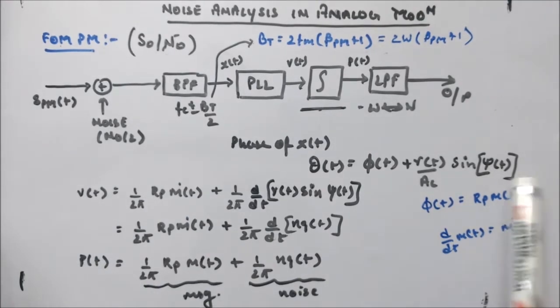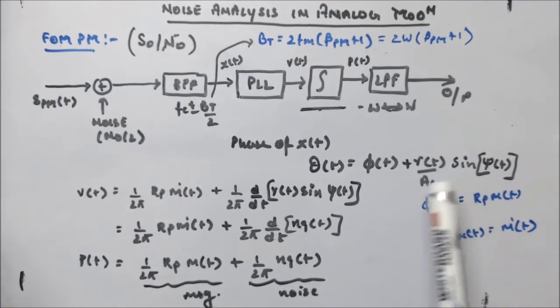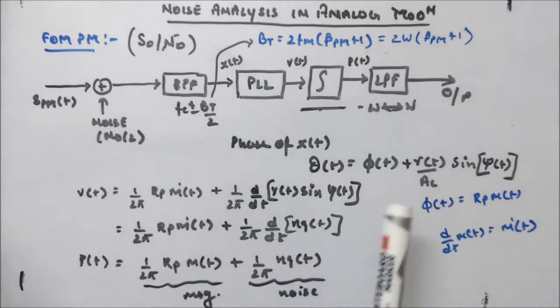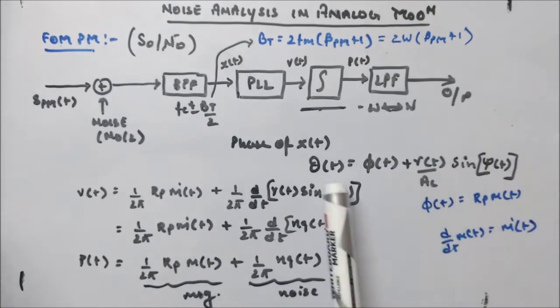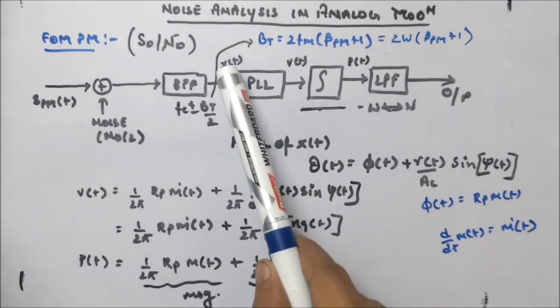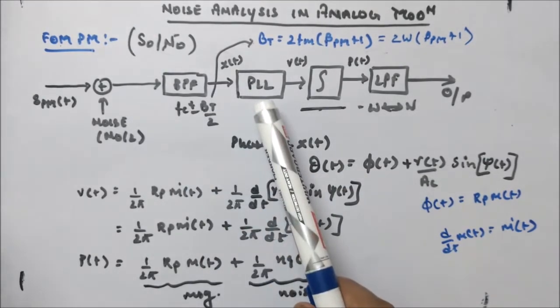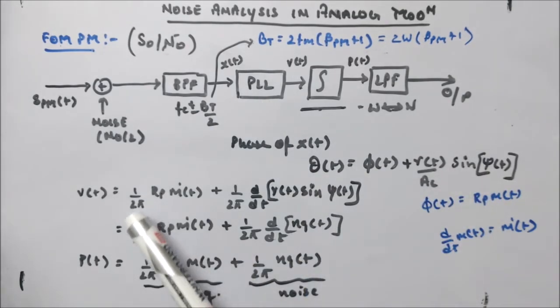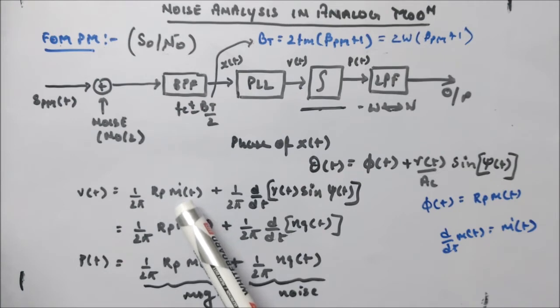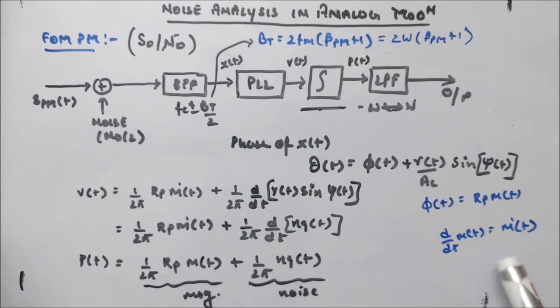And this is the phase of the noise with respect to phi(t), and theta is the phase of x(t). Now if it goes through the PLL, it will differentiate and divide by 2π, so you will get 1 by 2π kp m dot(t), where m dot(t) is the differentiation of m(t), plus 1 by 2π d by dt of r(t) sin psi(t).